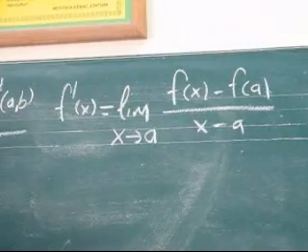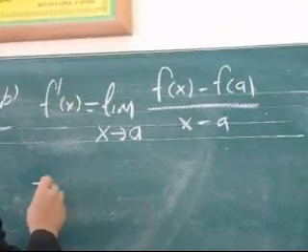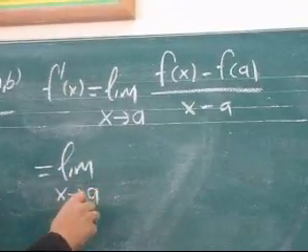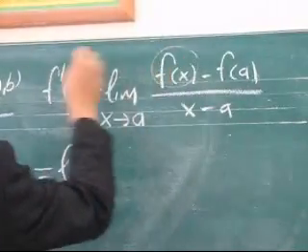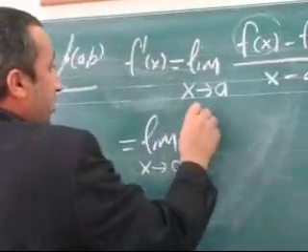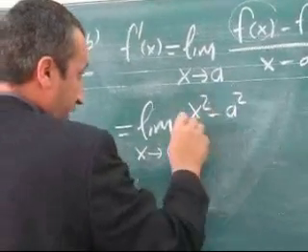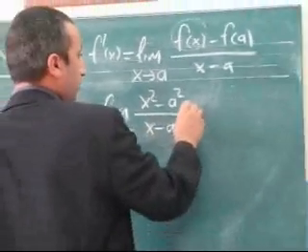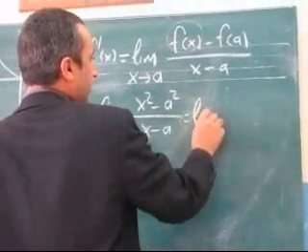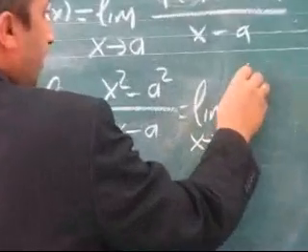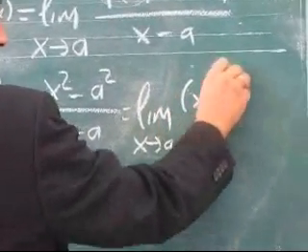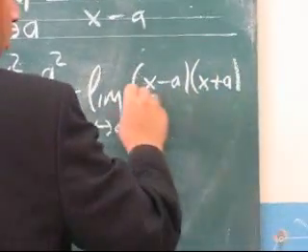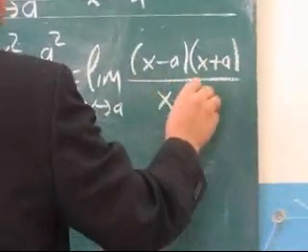Now, if we continue this operation, it will be equal to the limit as x goes to a. What is f of x? It is x squared minus a squared over x minus a, which will be equal to the limit as x goes to a of (x minus a) times (x plus a) over (x minus a).